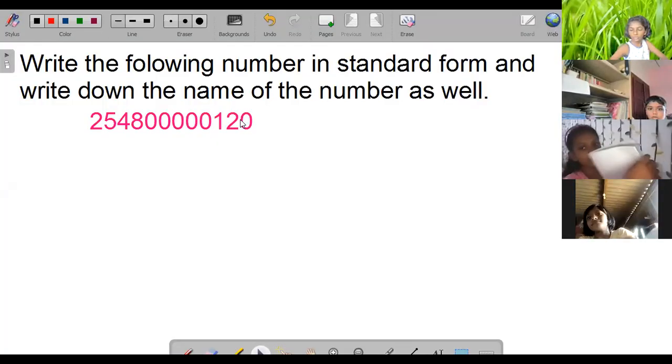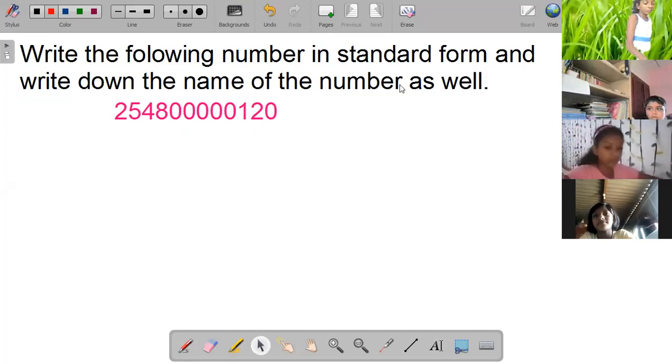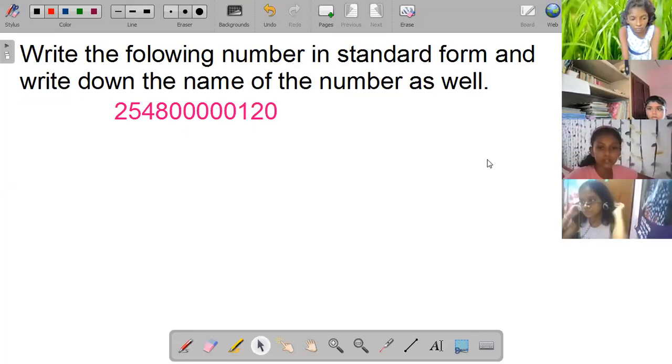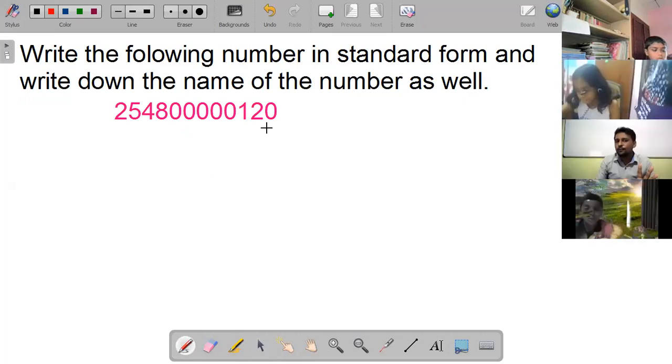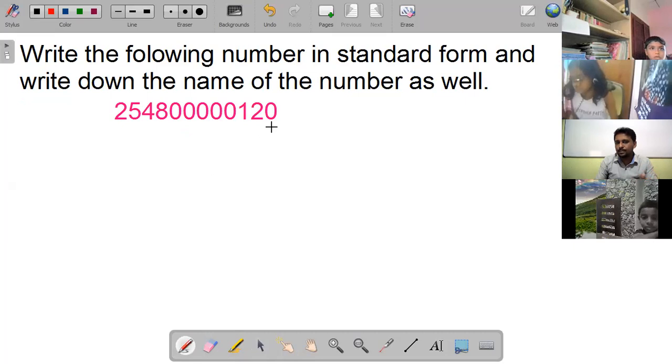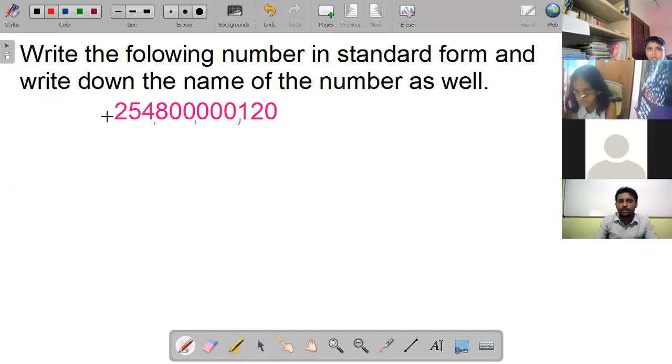Now I'm going to write the standard form, okay? First, I'm going to write the standard form. I told you, when you write the standard form, you have to separate the number from the ones place, 3 digits by 3 digits. 1, 2, 3, 1, 2, 3, 1, 2, 3, 1, 2, 3.